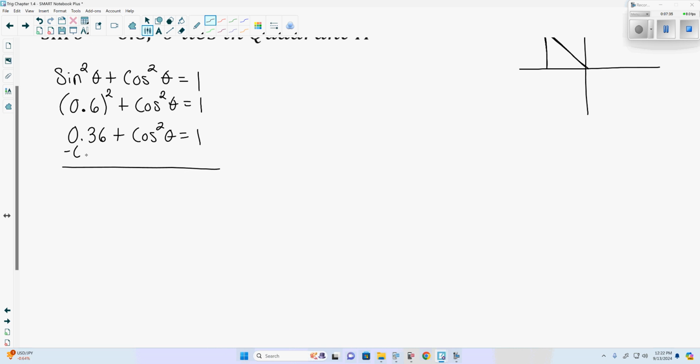Now at this point we can subtract our 0.36 from both sides. These cancel, telling us that cosine squared of theta is equal to 0.64.